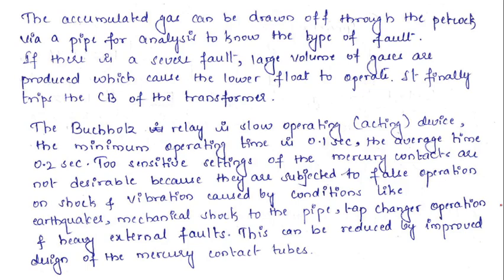Sometimes what happens is that because of these vibrations, earthquake vibrations, the tank may shake a little bit. Because of which the oil also shakes, and some bubbles or gases will be released. These contacts should be designed so that they do not respond to bubbles or gases formed because of earthquakes or vibration. Otherwise the contacts may close and give an alarm signal, which should not happen.